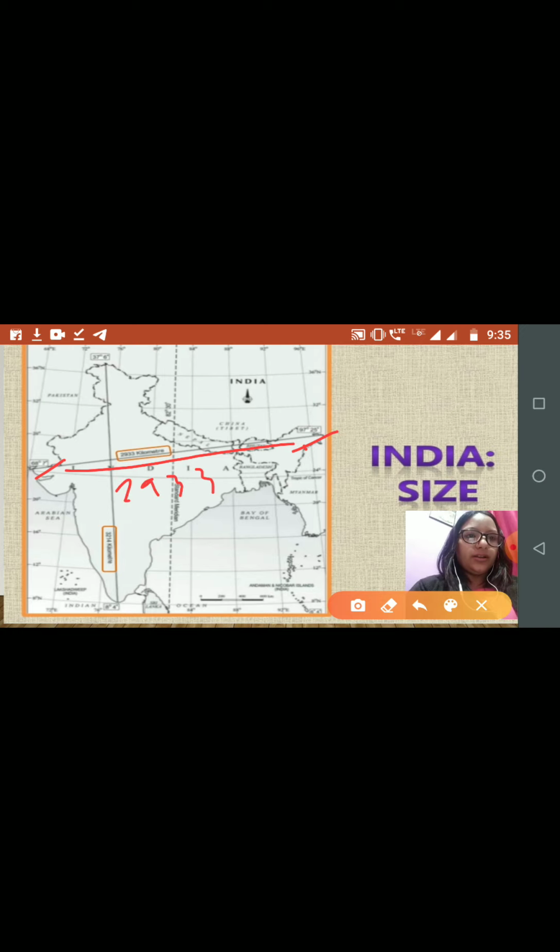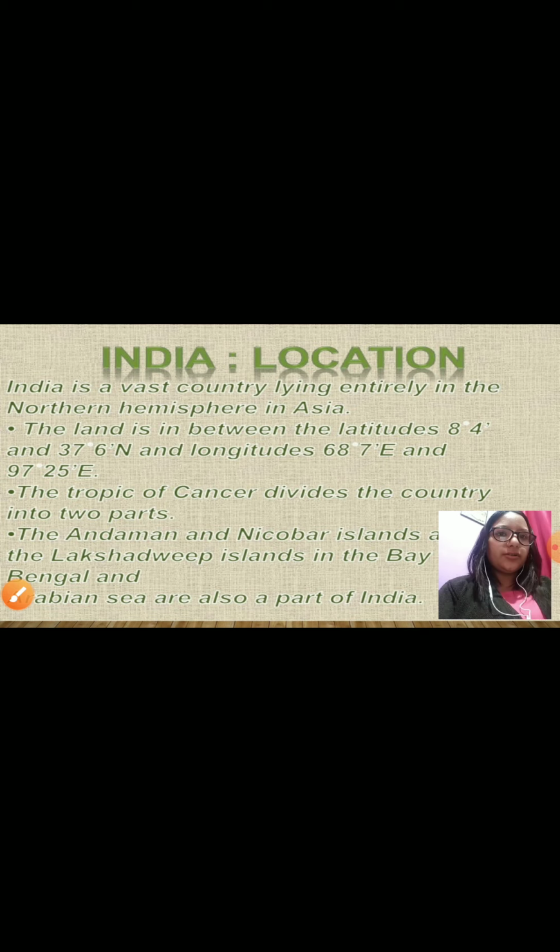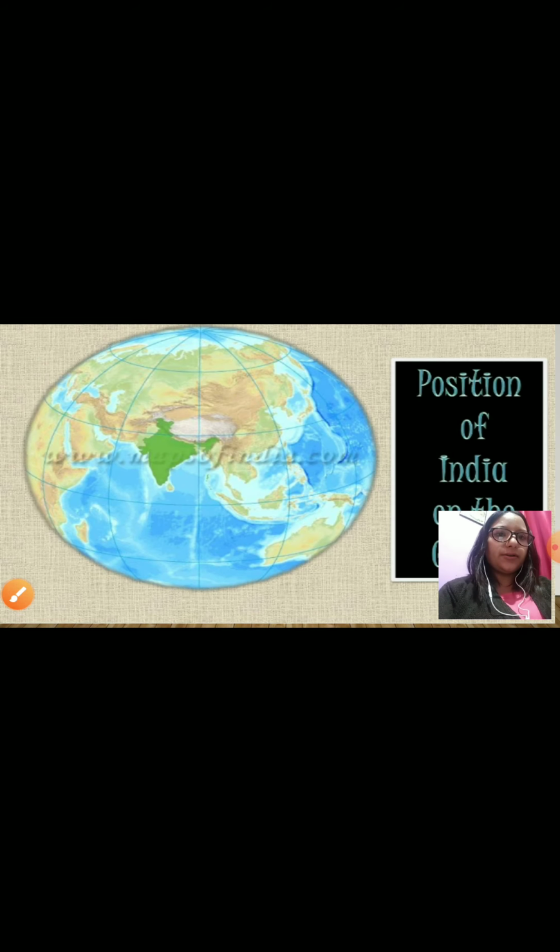India entirely lies in the northern hemisphere. From the globe you can understand this: this is the equator, this is the northern hemisphere, this is the southern hemisphere, so India entirely lies in the northern hemisphere.